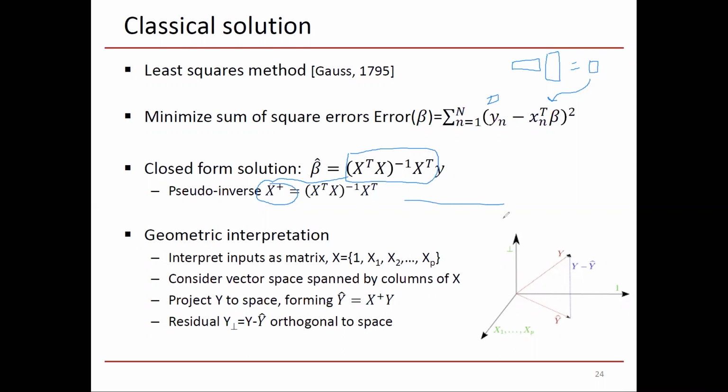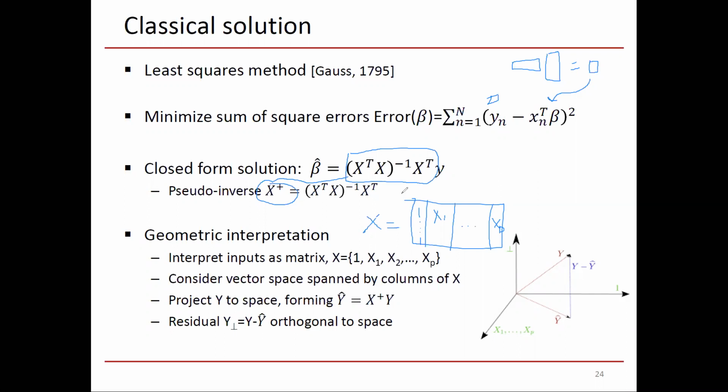All right, so let me sketch this. X is 1 in my first column. So these are multiple ones. X1 in my next column up to xp. And imagine a vector space spanned by the columns of x, including the 1, all right?